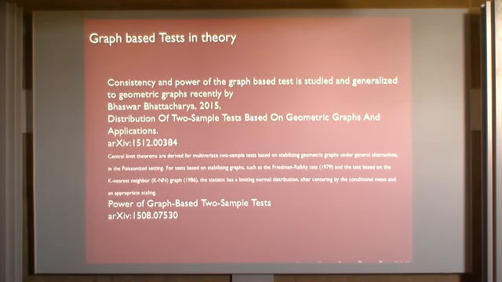There's a very nice theory now, which has been developed over the last 2 or 3 years by a student who worked at Stanford, Bhaswar Bhattacharya, and he has 2 very nice papers, if you're interested in these tests, first about the distribution theory, the central limit theorem, and then the power of these tests in different situations. These are 2 papers which are going to appear. They're currently up on the arXiv, but they're very, very nice math stats.